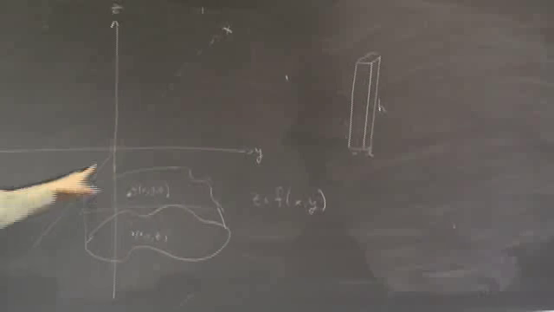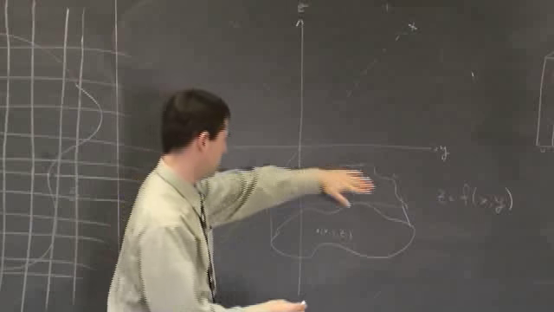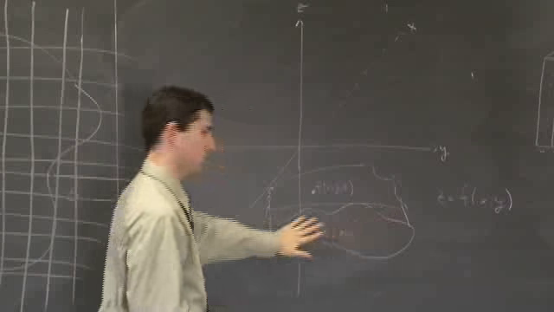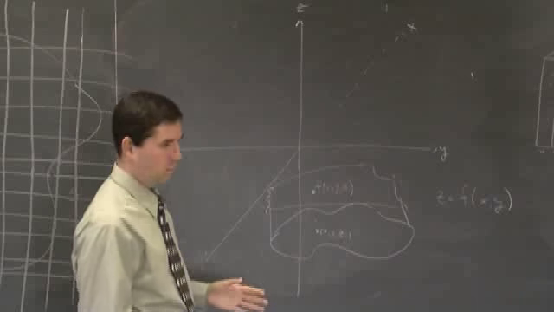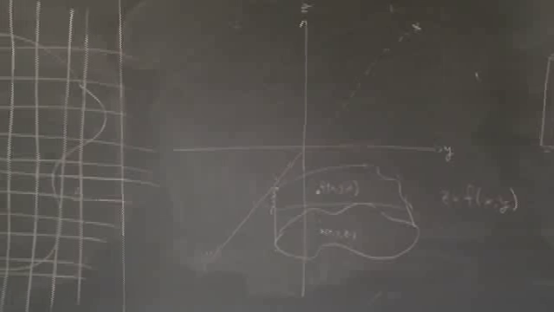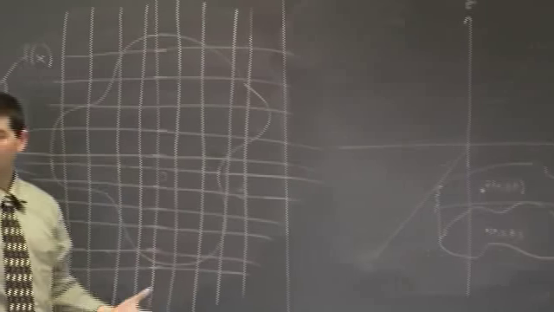So how would I compute the volume of the region which is under this nice surface, but over this nice region? Well, instead of drawing a grid in 2 dimensions, why don't I draw a grid in 3 dimensions?